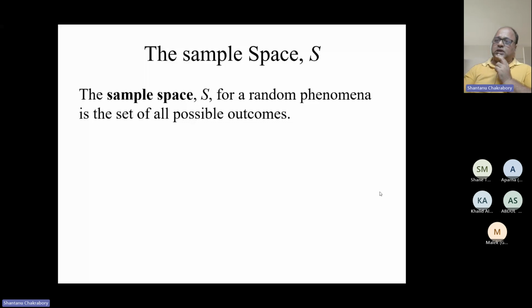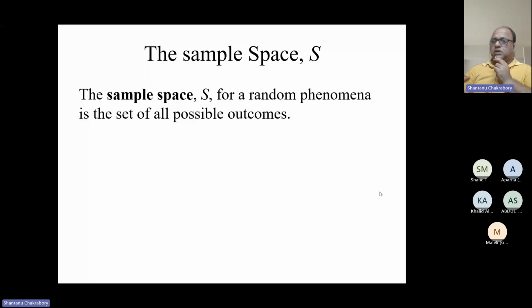What are the outcomes that you have? You have head and tail. That is the outcome when you toss a coin. When you roll a dice, the outcome that you are having is 1, 2, 3, 4, 5, and 6. So the total set of possible outcomes of an event or a phenomenon is called a sample space.